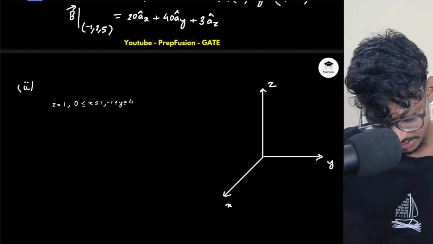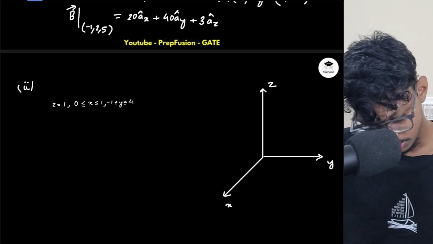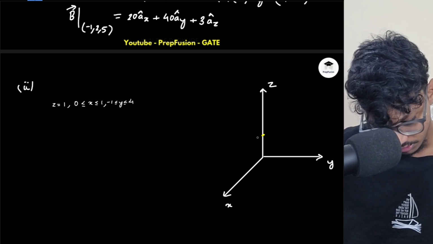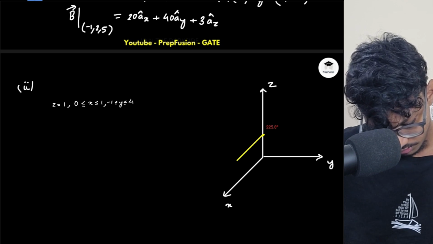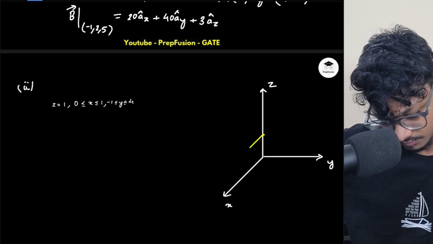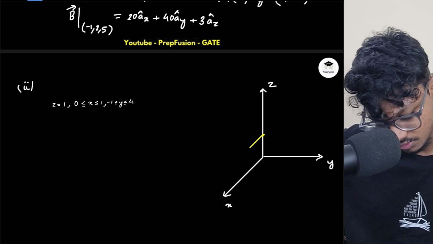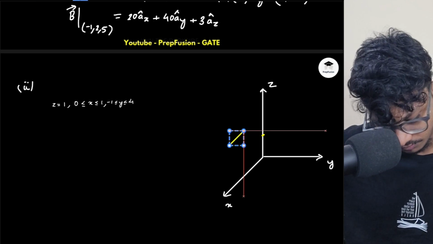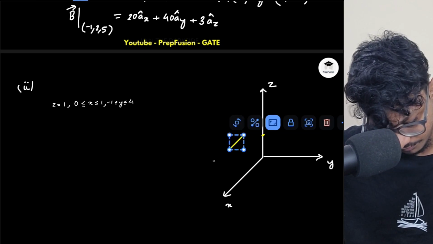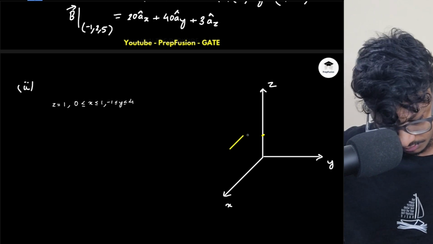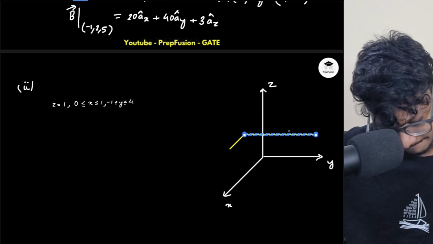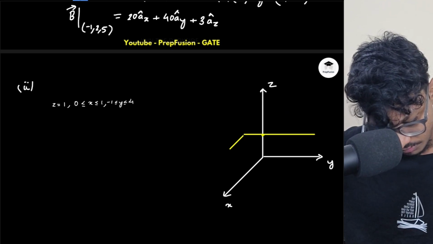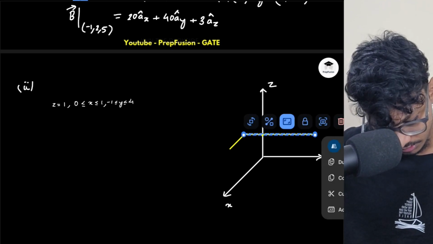So the surface is x going from 0 to 1, and y is varying from -1 to 4. I will start from somewhere here, somewhat like this, and it will just be a duplicate of this.